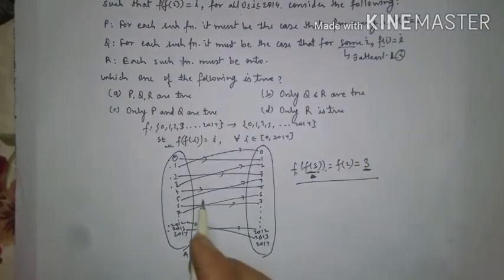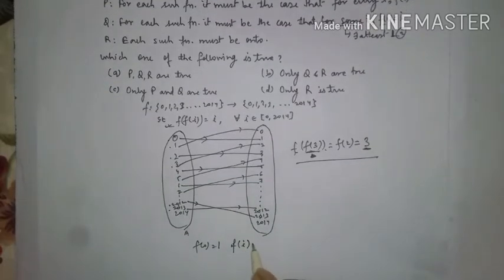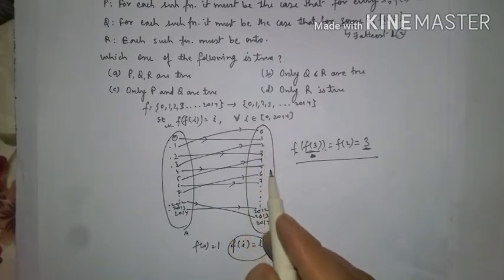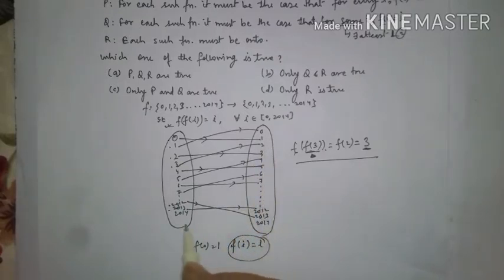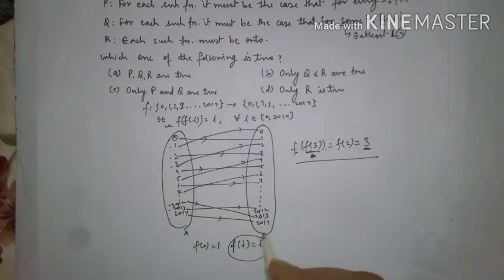See, if you see f of 0 is equal to 1, that is f of 0 is not equal to 0, while it is saying that f of I should be equal to I. It is possible only in the last case, in case of 2014, which is mapped to itself, because all others are mapped alternatively.